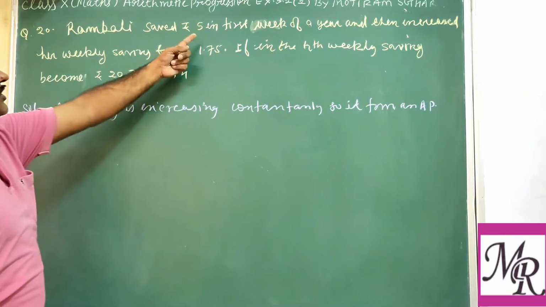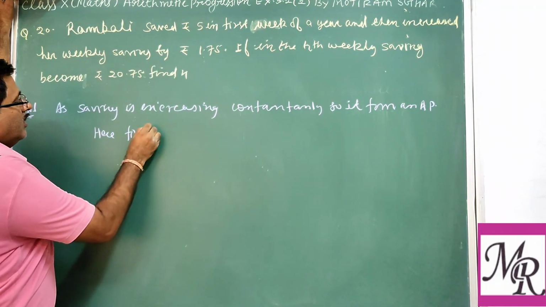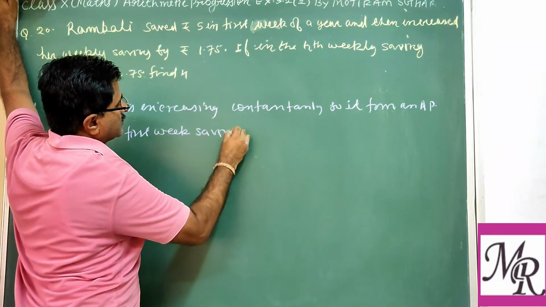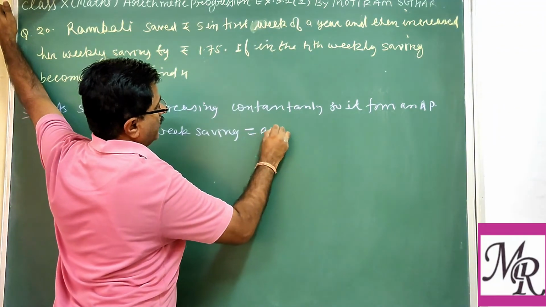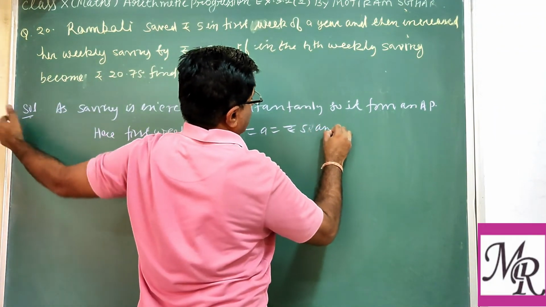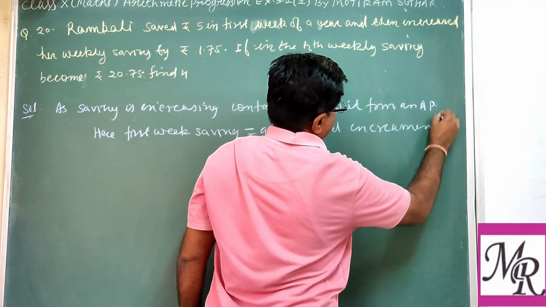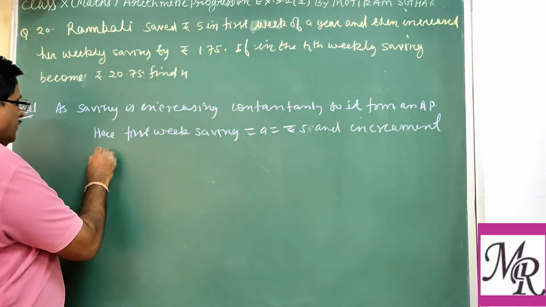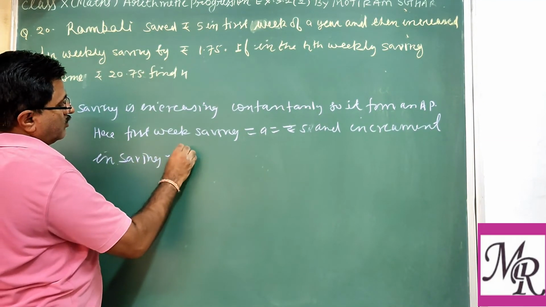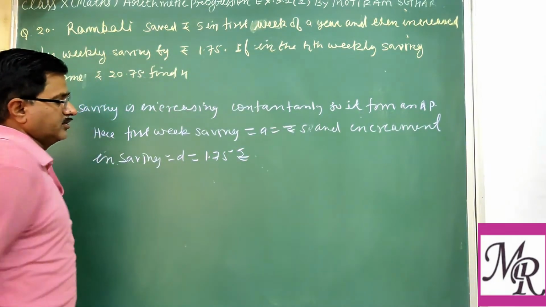So first week saving, that is a. So here first week saving equal to a equal to rupees 5, and the increment in saving, that is constant, which is every week increase 1.75 rupees. So d.